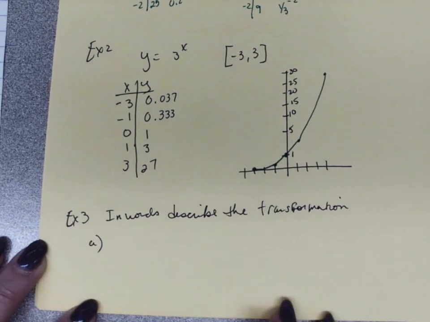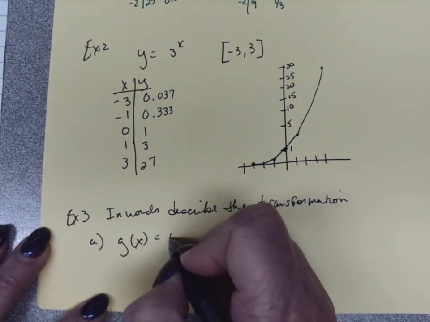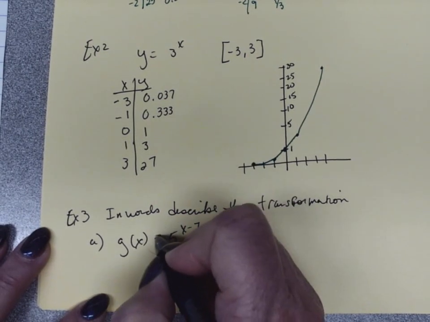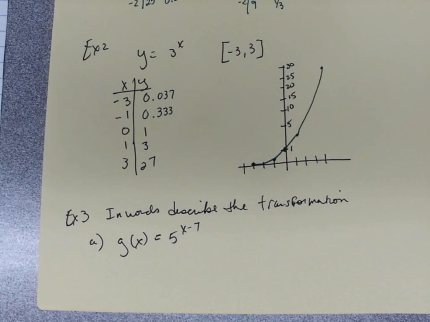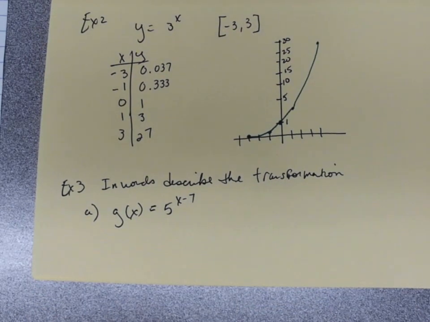So for part A, we have g of x equal to 5 to the x minus 7. So we've done things like this before. We've done transformation of graphs, so it's going to be similar to what we've learned before.